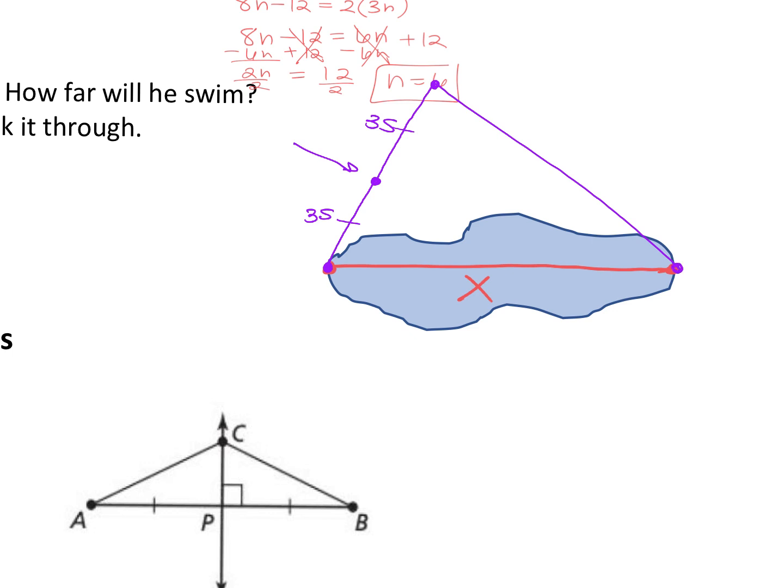I didn't go far enough. Pretend we went a little farther. If I figure out how many steps it took me to go here, let's say it took me 236 steps to go from this point up here to the point on the other side of the lake. Where do I have to go next? What else do I need to find?